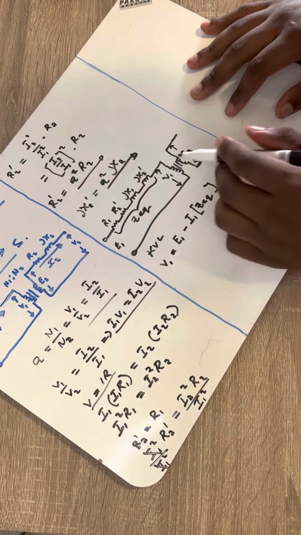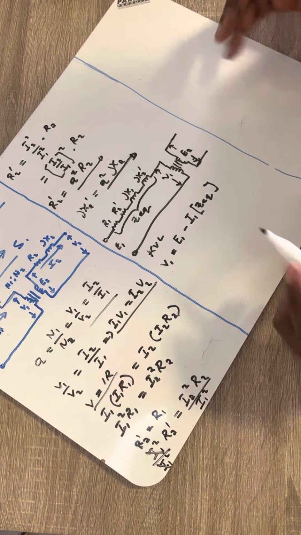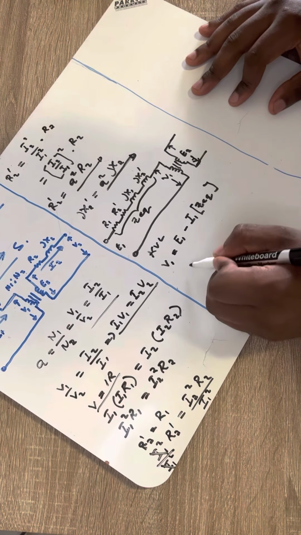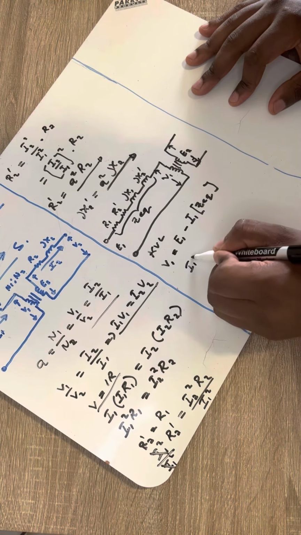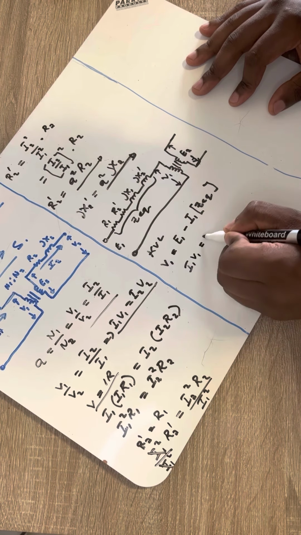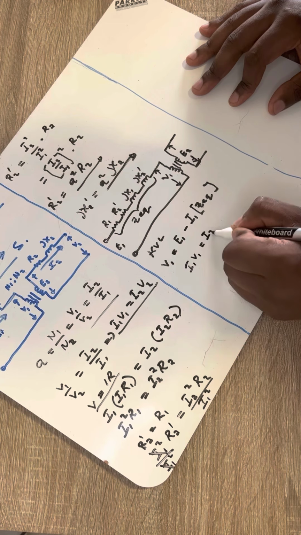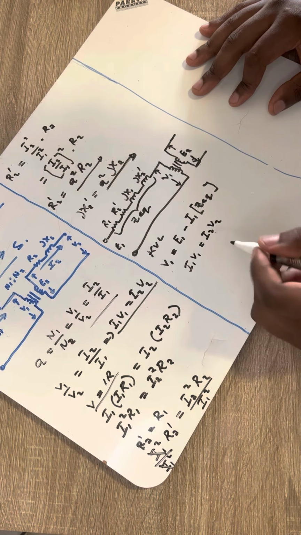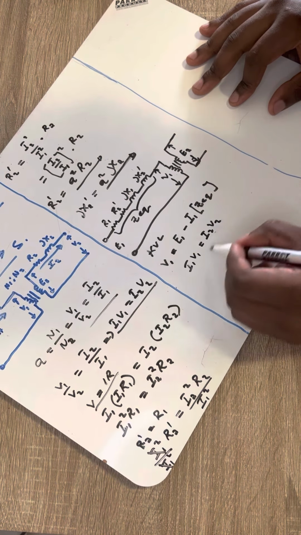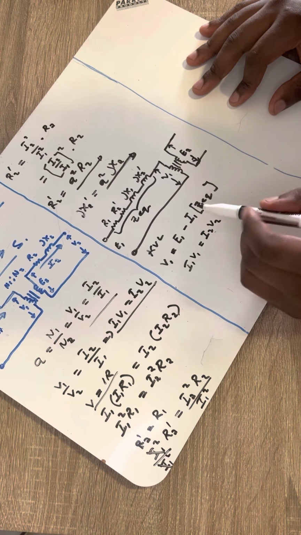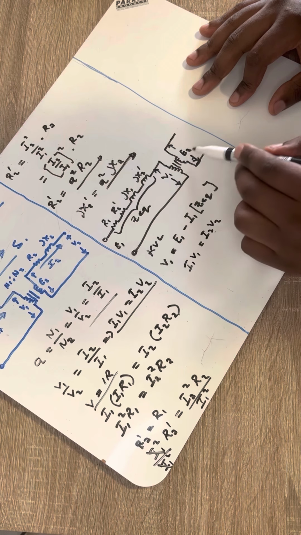Then, as we know, we can derive from the ratio, which is I1 V1 equals I2 V2, and then using this we can have a formula to calculate what's sitting in here.